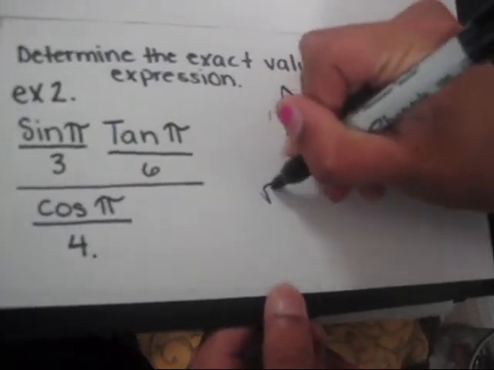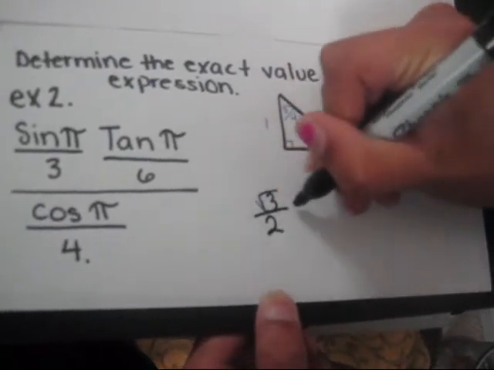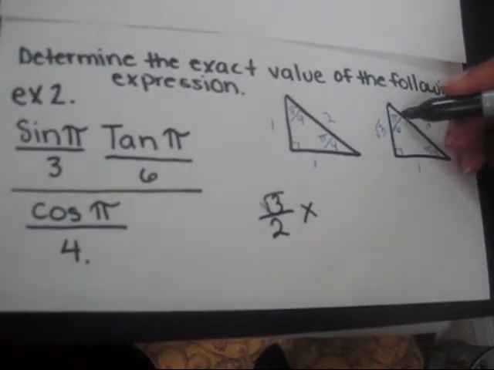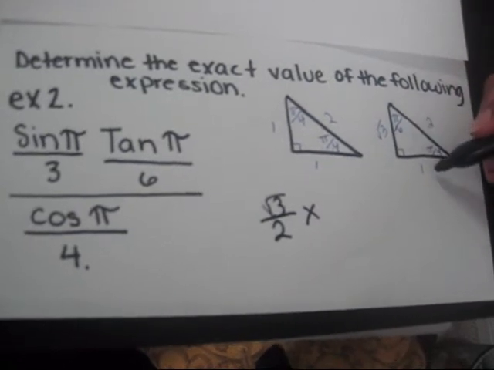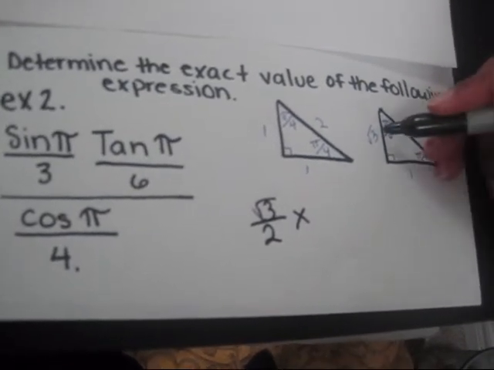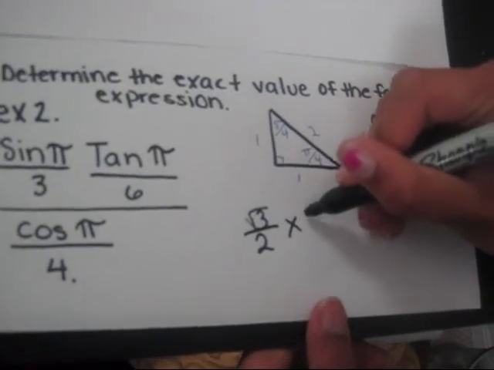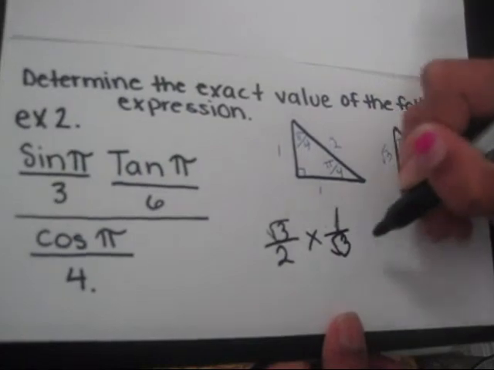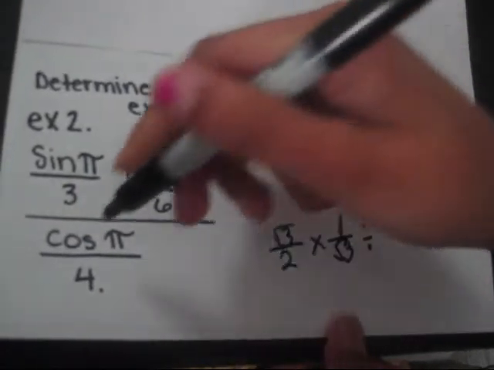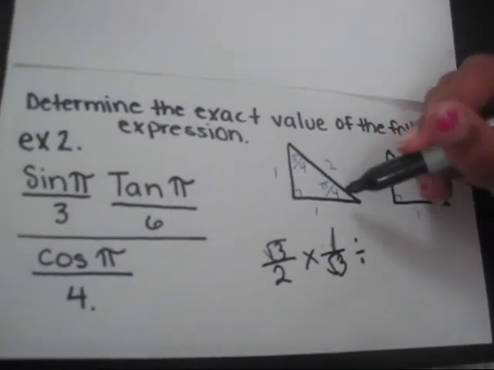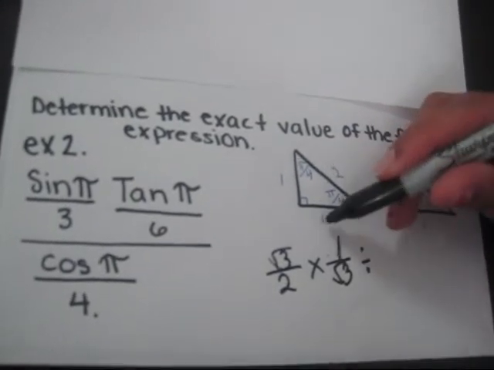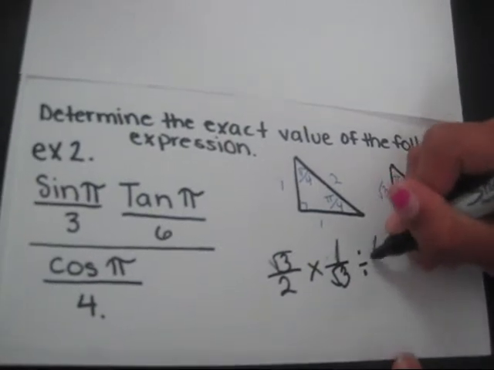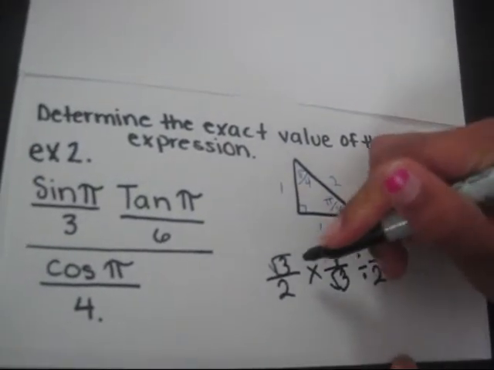So root 3 over 2 multiplied by tan pi over 6. Looking over here, tan is opposite over adjacent, so opposite is 1 and adjacent is root 3. And that will be divided by cos pi over 4, so we can look at any of these. Cos is 1 over root 2.